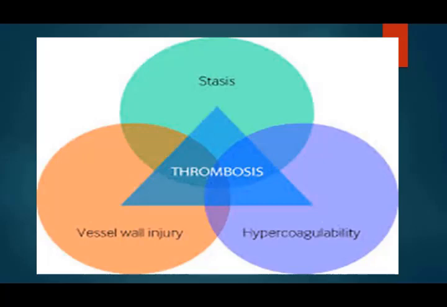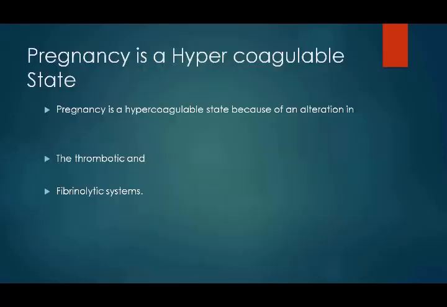Because this is a life-endangering situation where we need an abrupt and prompt response in cases of pulmonary embolism. To prevent these conditions, we should definitely have early diagnosis and evaluation of venous thromboembolism. So always keep this in your mind, keeping in view the physiological states of pregnancy, and also the thrombotic and fibrinolytic systems.